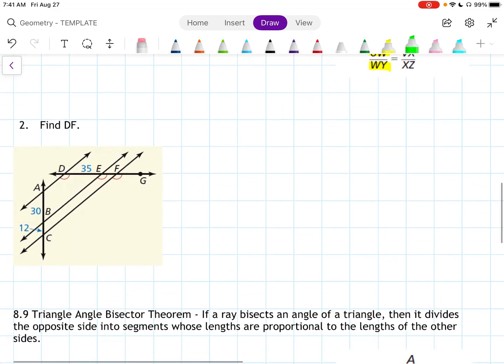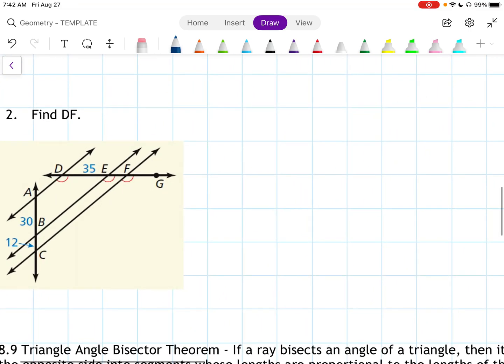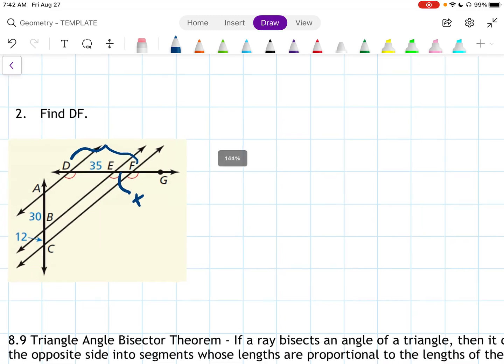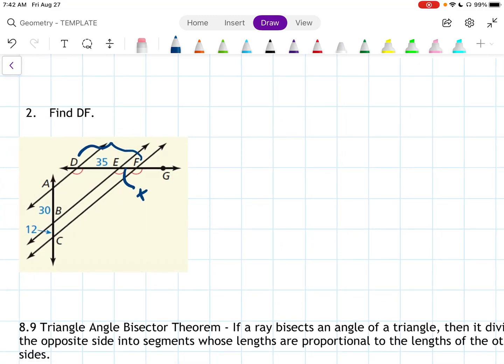So part 2, find DF. So DF is this whole thing here. What I'm going to do is I'm just going to find X first, and then I will add X and 35 together. So our three parallel lines, they're kind of slanted to the right, right? So I'll take the left piece first. Well, actually, I'll take my X first. X is the right piece over 35. And then I'm going to go to the other transversal, and the right piece is 12 over 30.